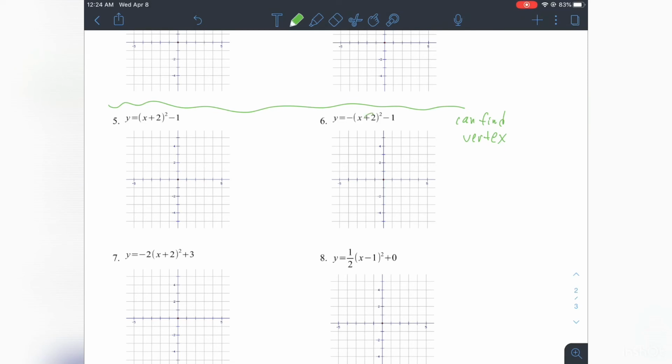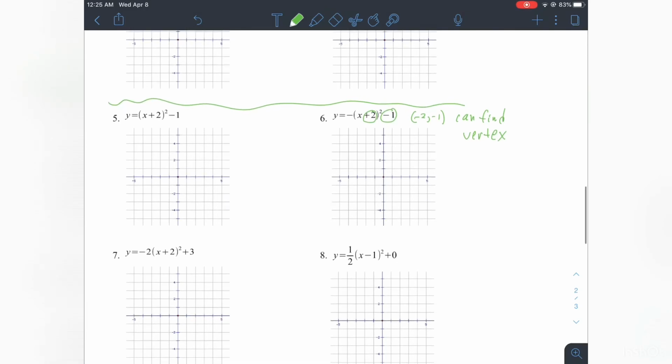The vertex was the opposite of this number, comma, this number. So the vertex for problem 6 is -2, -1. If you know where the vertex is, you could pick points close by, and it'll save you time. But if you forget all this, you can just make a table and guess, and you'll eventually be able to get the parabola.